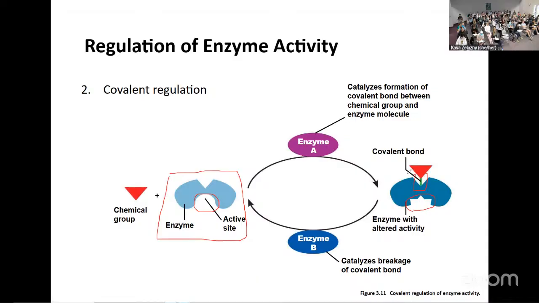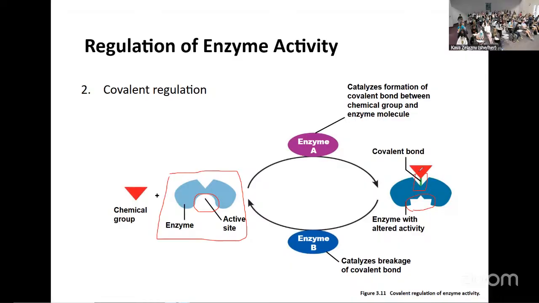So this effect is going to last until we break that bond. We're not going to have that chemical group just peel off at random. So we're usually going to have another enzyme, two enzymes, one that helps us form that covalent bond, and then another that breaks that covalent bond when we want to release this chemical group.